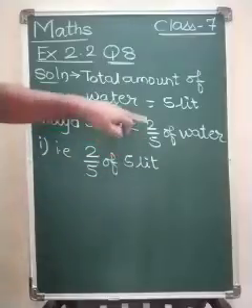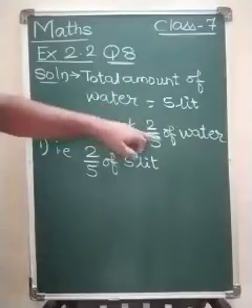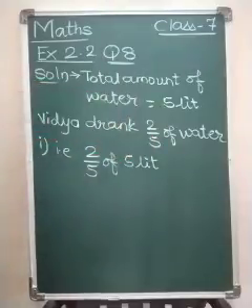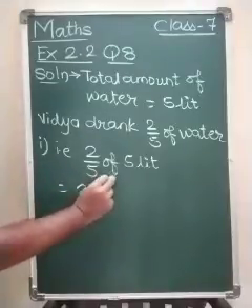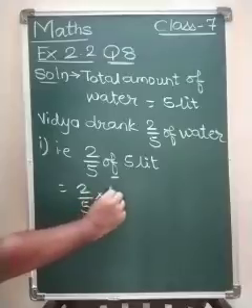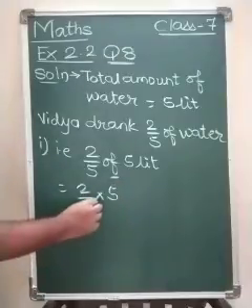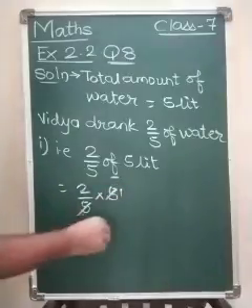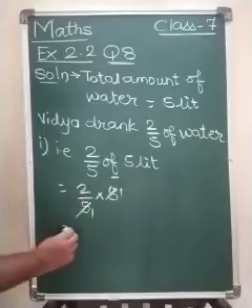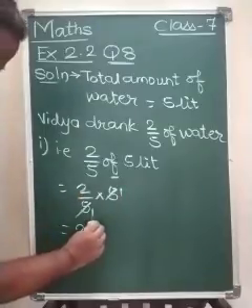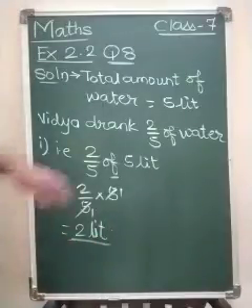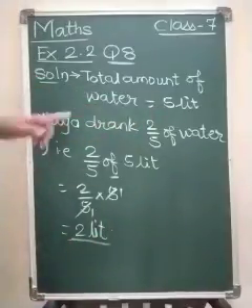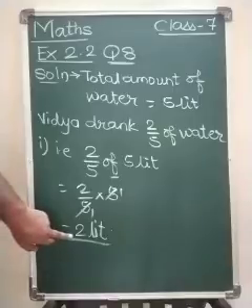How much water did she drink? 2 upon 5 of the total water, that is 5 liters. So this equals 2 upon 5, when "of" comes, multiplication, multiplied by 5. So this gets cancelled, this gets cancelled, we get here 1, 1, 2 ones are 2. So this equals 2 liters. So out of 5 liters of water, Vidya drank 2 liters of water.